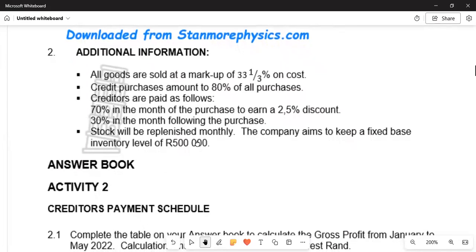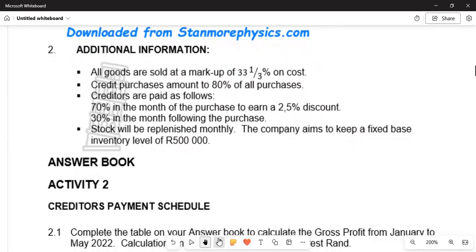So here we are under additional information. The additional information says all goods are sold at the markup of 33.25% on cost. Credit purchases amount to 80% of all purchases.